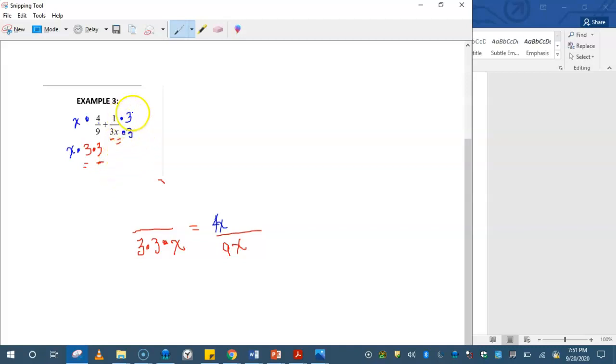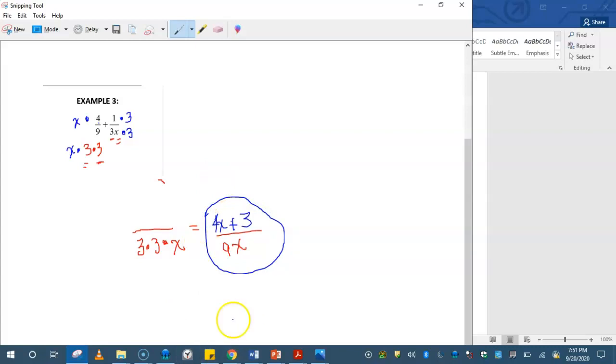And if I think about it, when I do that, the second fraction's numerator turns into a 1 times 3, or 3. So I'm going to add that plus 3 down in my superfraction. So I would have a 4x plus 3. Combining like terms. Again, if we look in the numerator, there are no like terms to combine. So this is my final answer, 4x plus 3 over 9x.